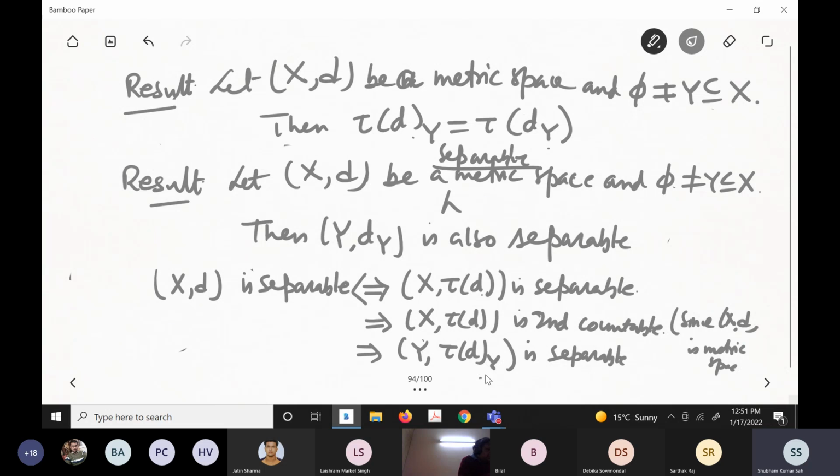That I have given the result, as I told you how to prove it separable. But since this is equal to this, it implies Y tau D Y is separable.